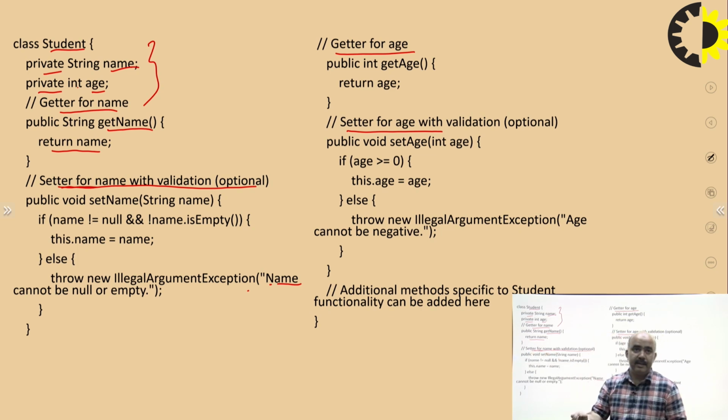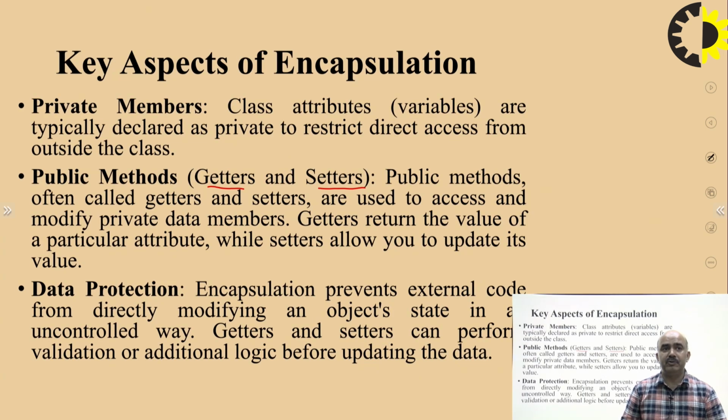So first the getter method is used, then the setter method is used in order to manipulate those data. Same way, for the string we use getName and setName, and for the age we use getAge and setAge in order to access those variables. That is basically your encapsulation.